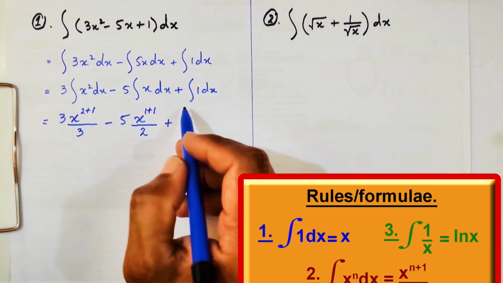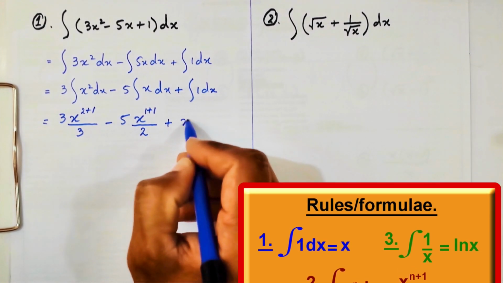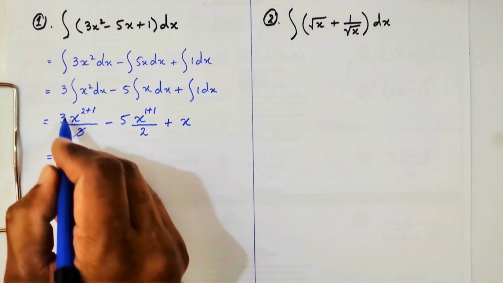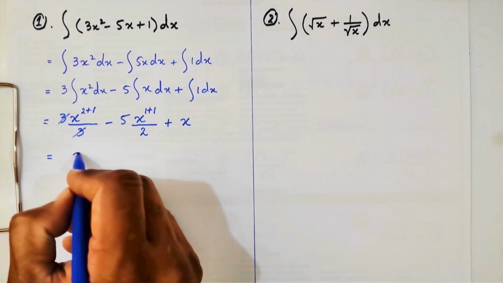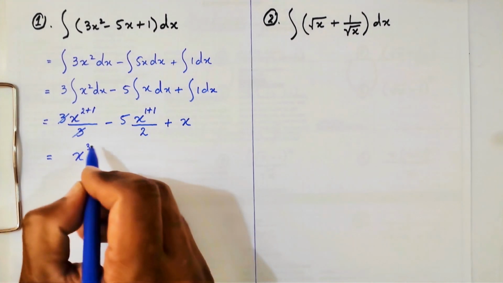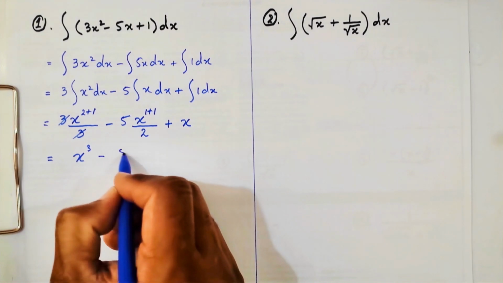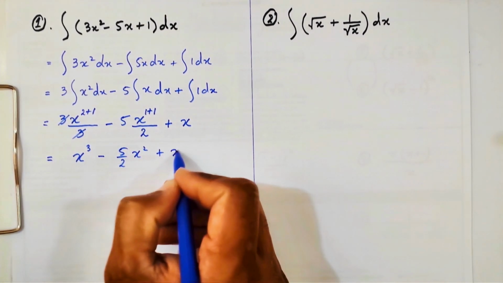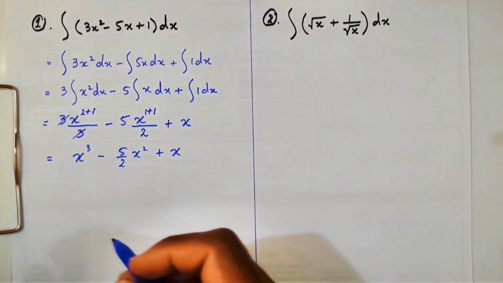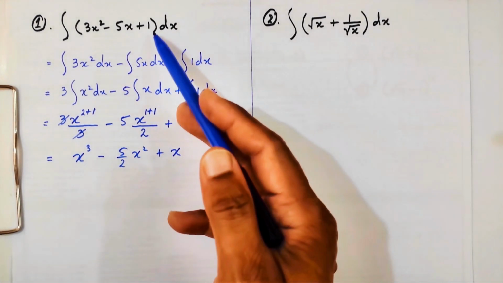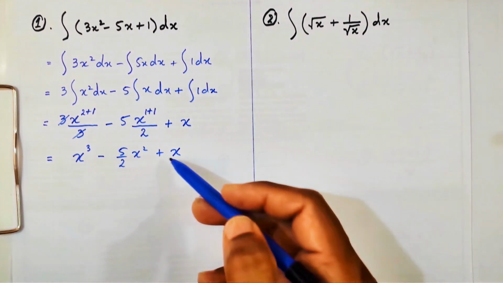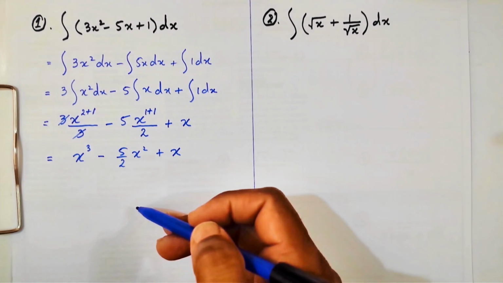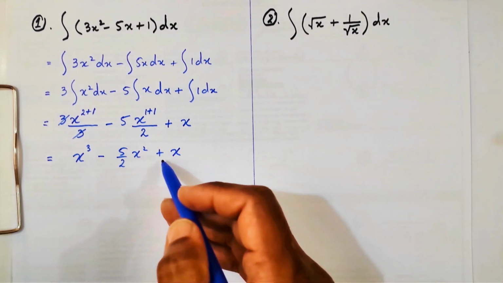And you have seen that the integration of 1 is x. After simplification, you will get x cube minus 5 by 2 x square plus x. This is the integration of the given function. At the end, you can simplify more by taking x common, or otherwise it is your required answer.